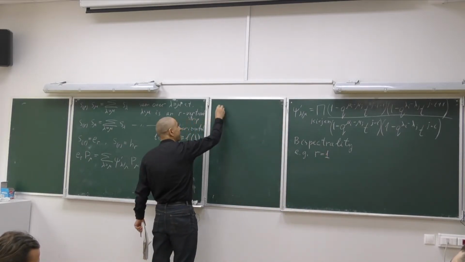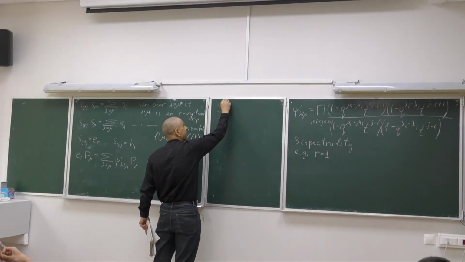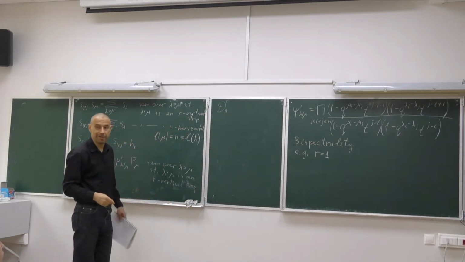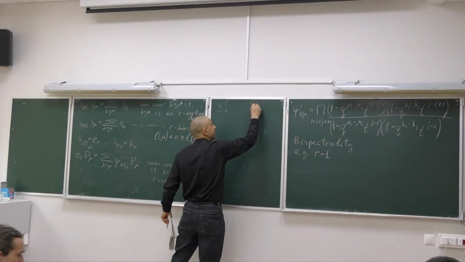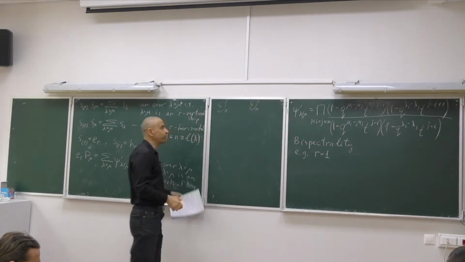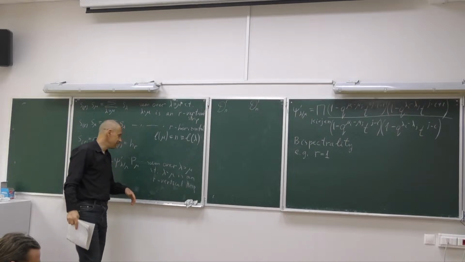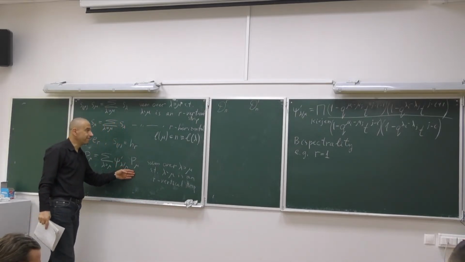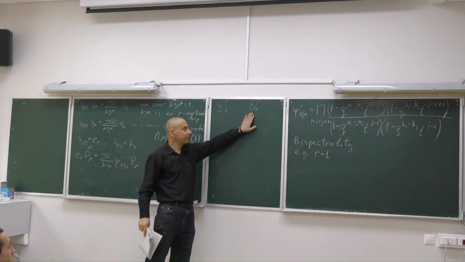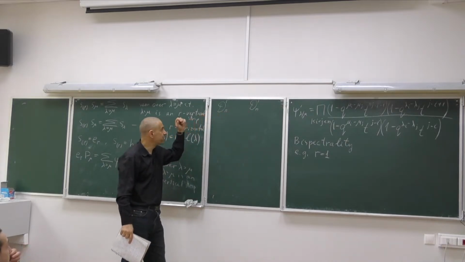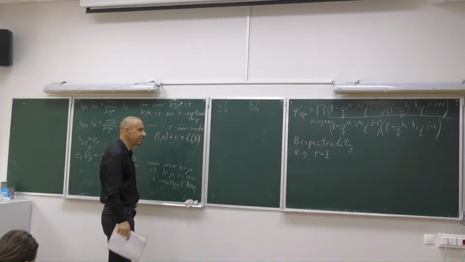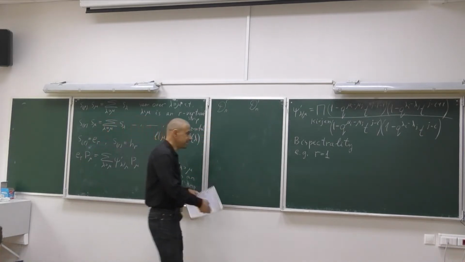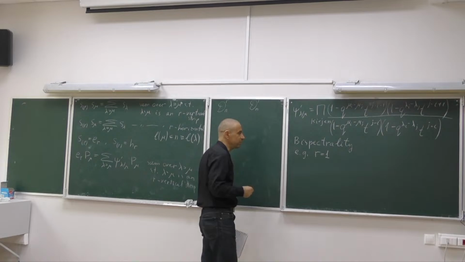You remember we had this Macdonald operator, and in fact many of them, they all commuted, and the simplest of all was the first one. So we first proved that the Macdonald polynomials were eigenfunctions of this first Macdonald operator, and then deduced that they were also eigenfunctions of everything else, and hence they all commuted. So again, let's start with the simplest case, R equals 1.